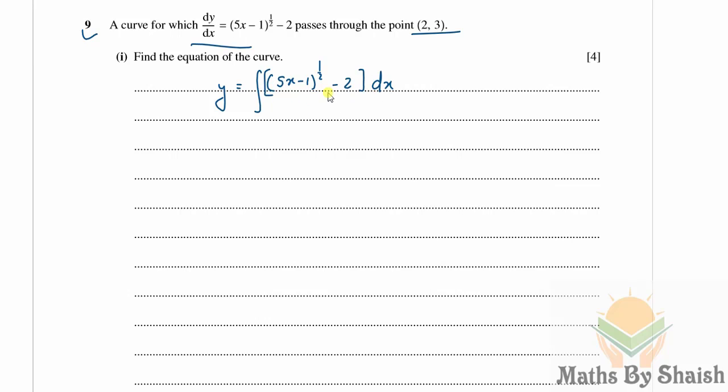So we'll integrate it. We can see it is (5x minus 1) to the power 1 by 2, so integration of this is (5x minus 1) to the power 1 by 2 plus 1, and we will divide by the resultant of 1 by 2 plus 1, and that is going to be 2 by 3 here, and minus 2 is a constant, so minus 2 times x plus the constant of integration, which I'll take as c.